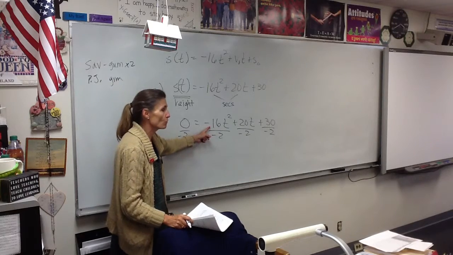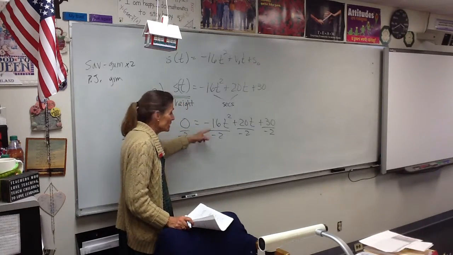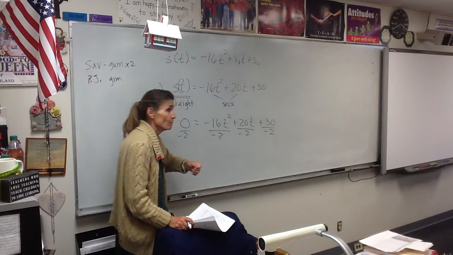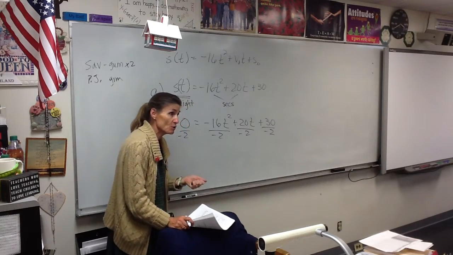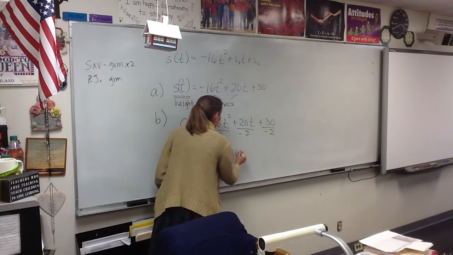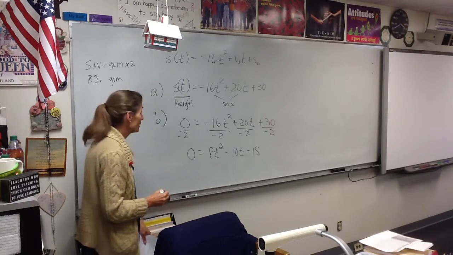This is a leftover from when I was a freshman in high school. I just don't deal well with these negatives. So my personal choice is divide through by negative 2. You don't have to divide by anything if you don't want to. But if I divide, my numbers are a little bit smaller. Not a lot, but a little bit smaller.